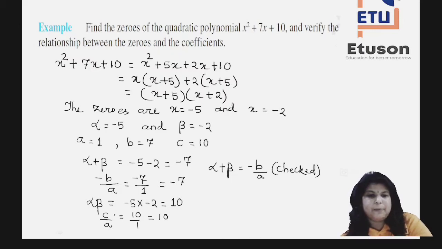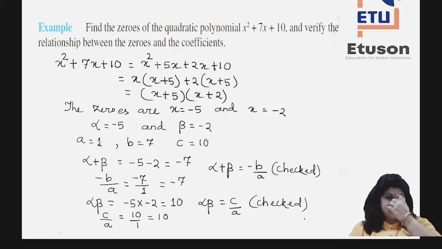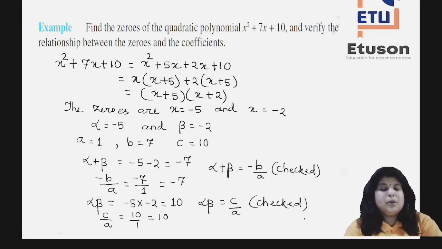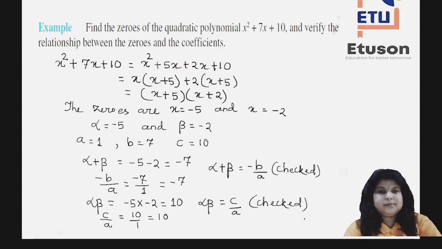So here alpha beta is equal to c by a. So the relationship is checked or verified. So the zeros of the equation are x is equal to minus 5 and x is equal to minus 2.